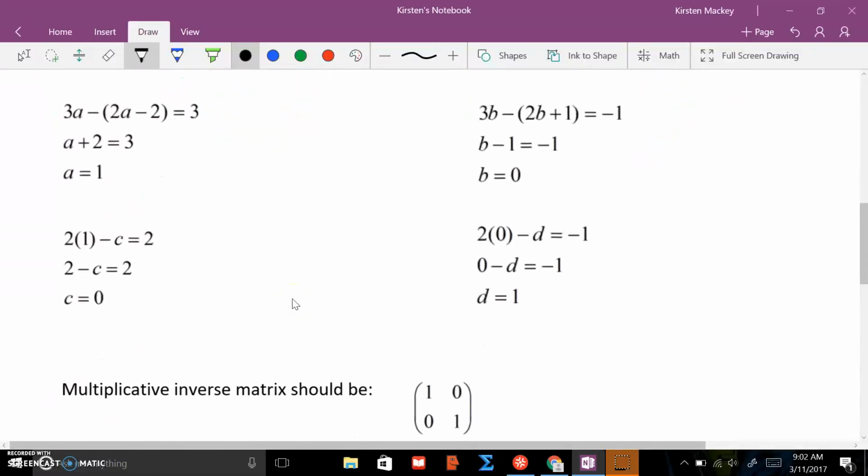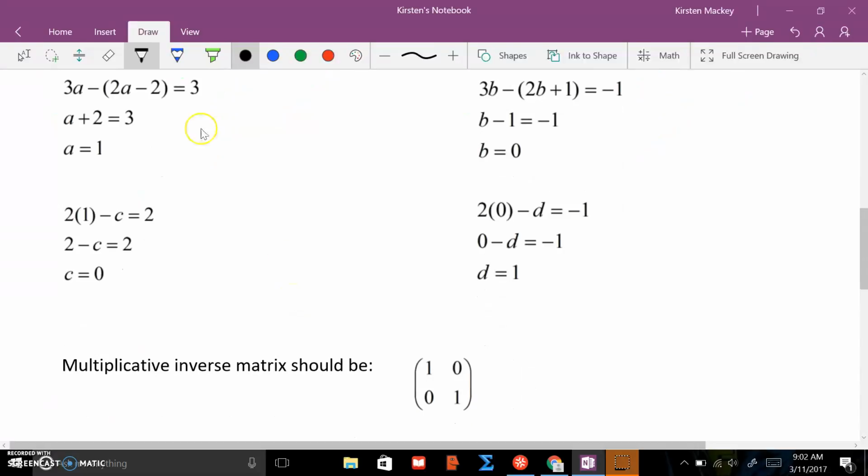So what does this tell me? Now that I've solved for my values A, B, C, and D, remembering that my letters were A, B, C, and D, right? Our inverse matrix should be 1, 0, 0, 1. So now I just want to double check this and make sure that it's actually true.